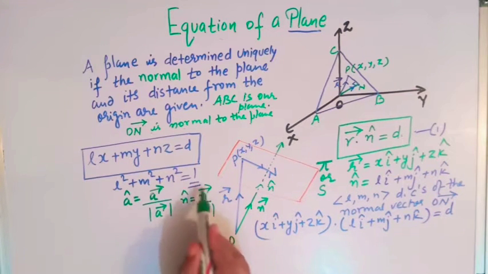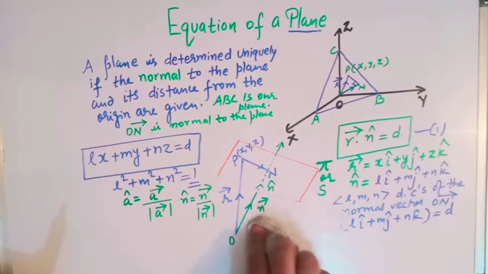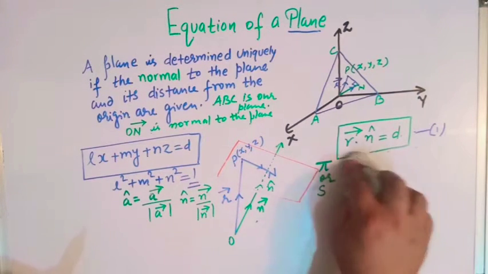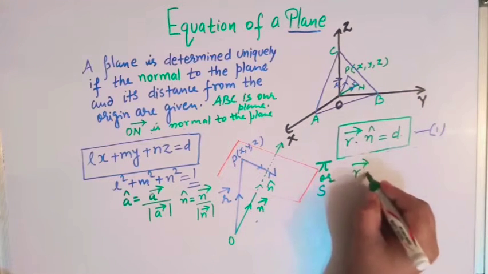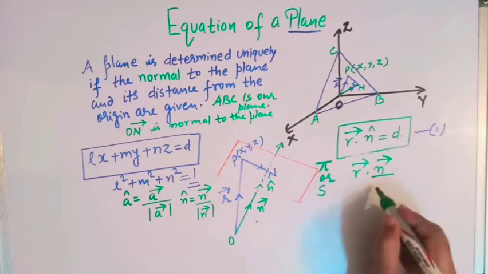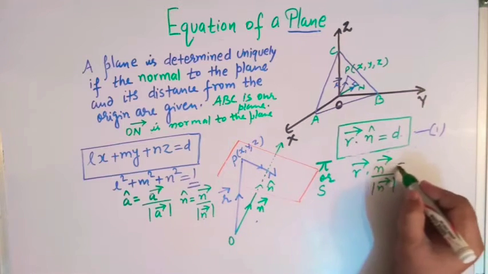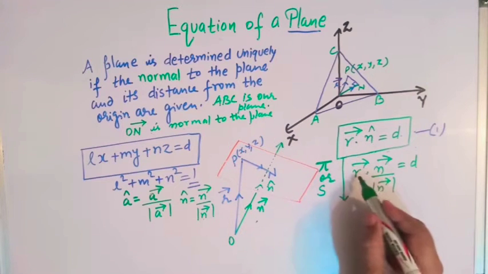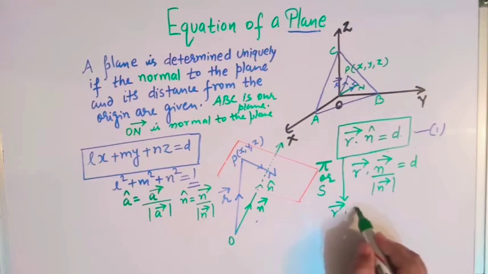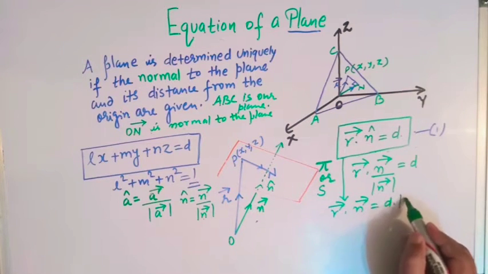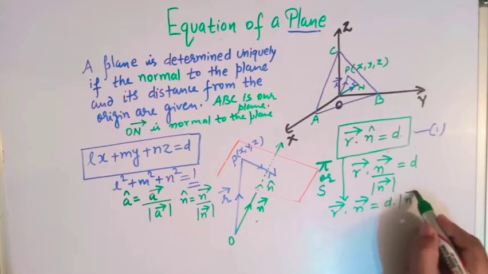Now if we substitute this value here, we get vector r dot vector n divided by the magnitude of vector n is equal to D. So this equation can also be written as vector r dot vector n is equal to D times the magnitude of vector n.